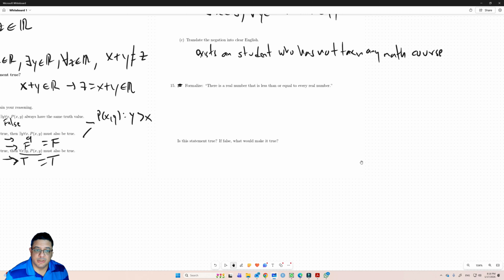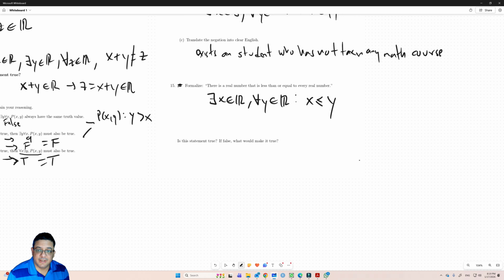Last, we want to formalize: there's a real number that is less than or equal to every other real number. So we will say there exists x that belongs to R, for all y that belongs to R, so that x is less than or equal to y.